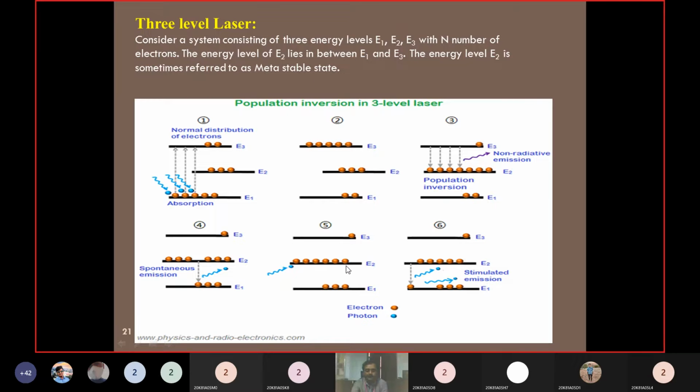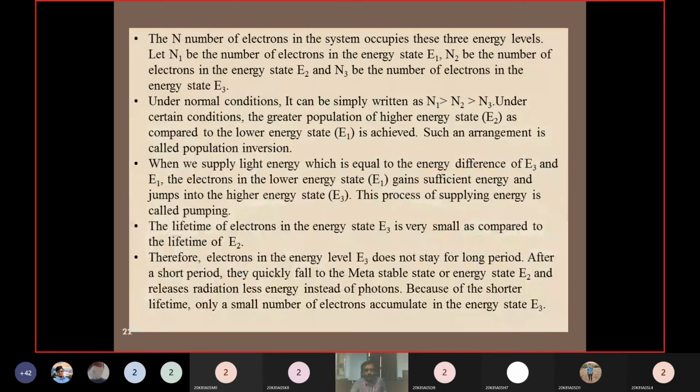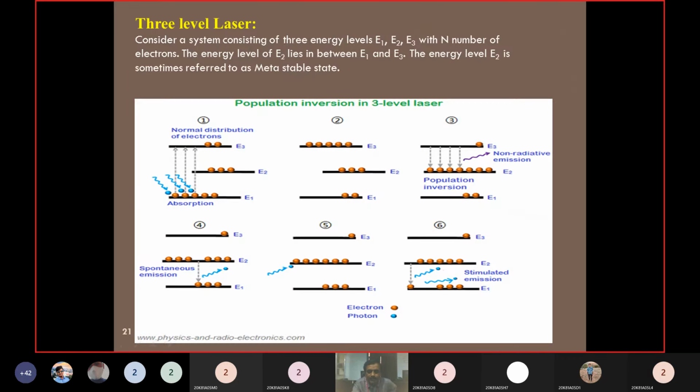Because of this population inversion, stimulated emission is possible. This three-level system is not very important, just for your idea; based on the diagram you can write it.